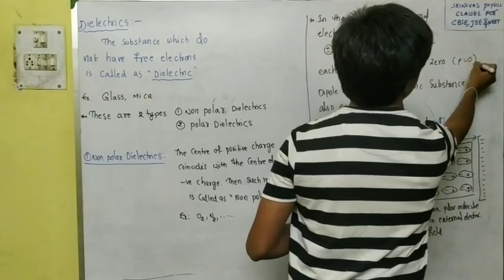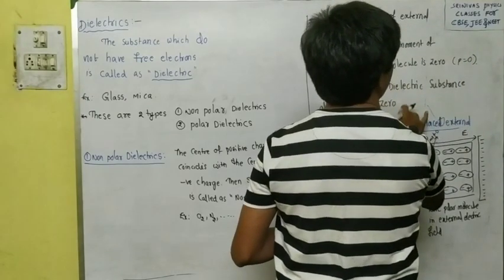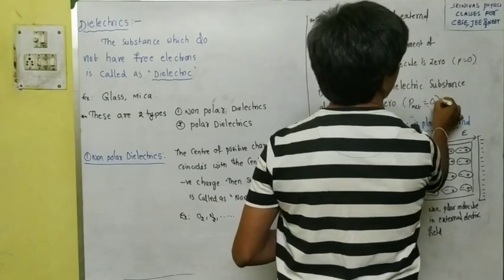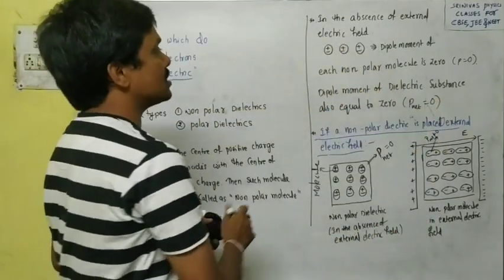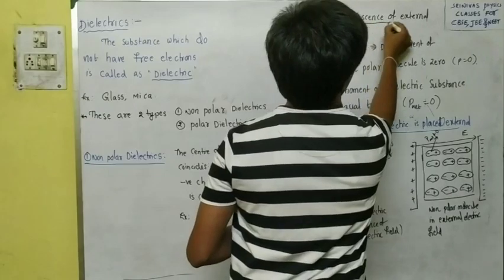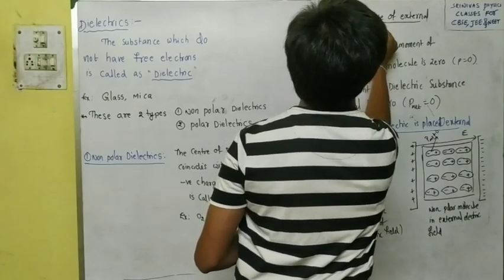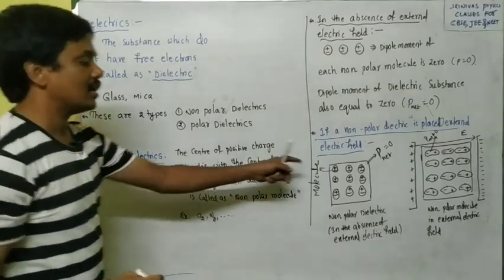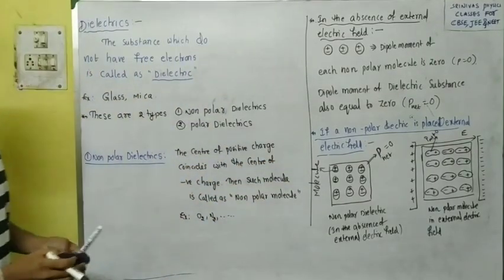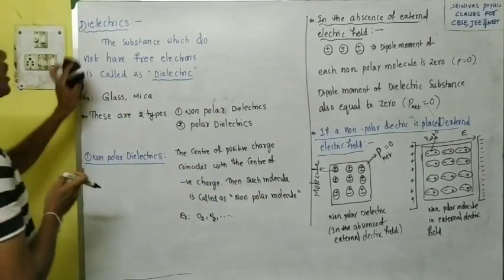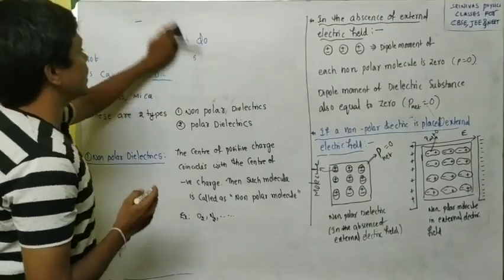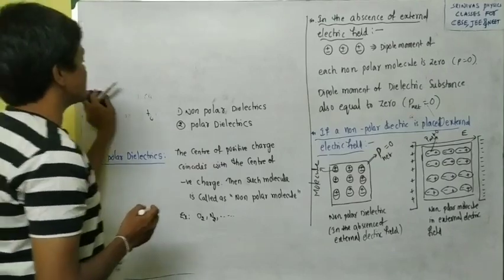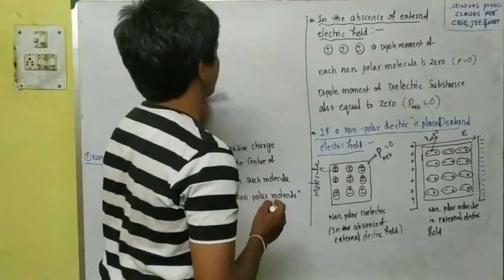Each molecule has dipole moment 0. And dielectric is the combination of molecules, that dipole moment is also 0. This is in the absence of external electric field. Now if we give the external electric field, then what happens? There is increase in separation between the positive and negative charge. Due to the increase in separation, there is some non-zero dipole moment, right?